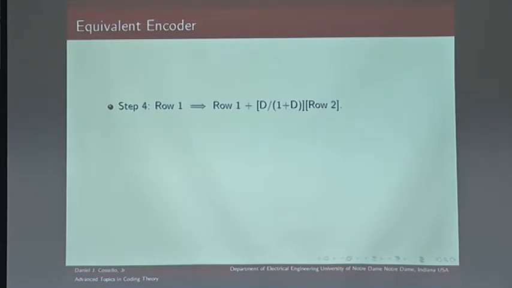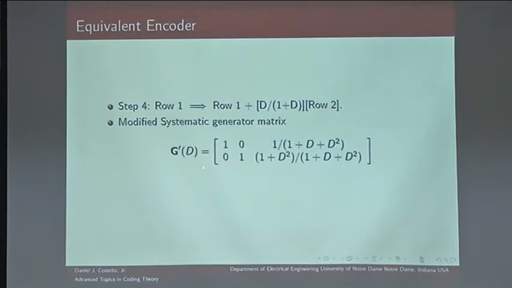So we do that. We multiply row 2 by D over 1 plus D, add it to row 1, and we get this. So we wind up with an equivalent generator matrix because we've just done linear operations on the rows, but now it's in systematic form. And it's got 2 rational parity check functions here. This is the systematic part. This is the parity part.